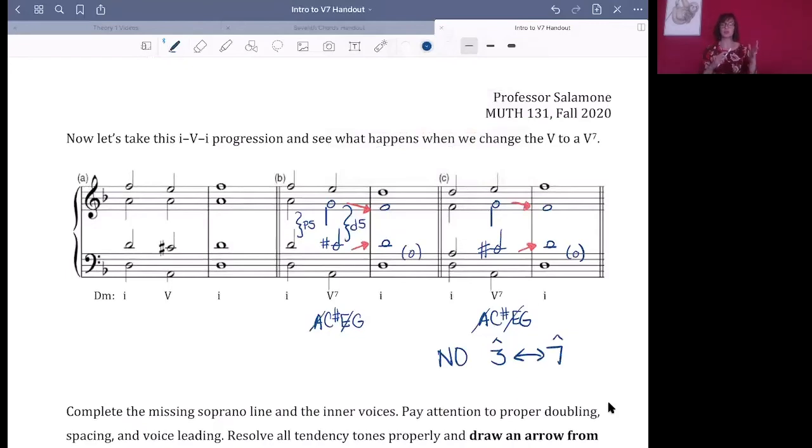I refer to what I call a strict resolution, when all of the tendency tones do exactly what they're supposed to do regardless of what voice they're in. You can never go wrong with that. So you'll never catch yourself in a bind if you strictly resolve everything. You might just find that you don't have fifths in some of your triads, and you just gotta roll with it.